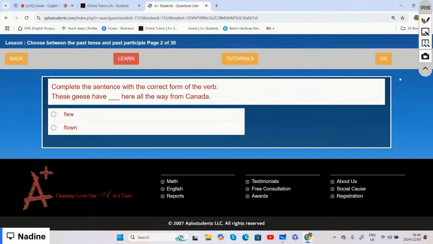And if we were to choose the correct option, do we say these geese have flew all the way from Canada or have flown all the way from Canada? Option one or option two? Flew or flown?